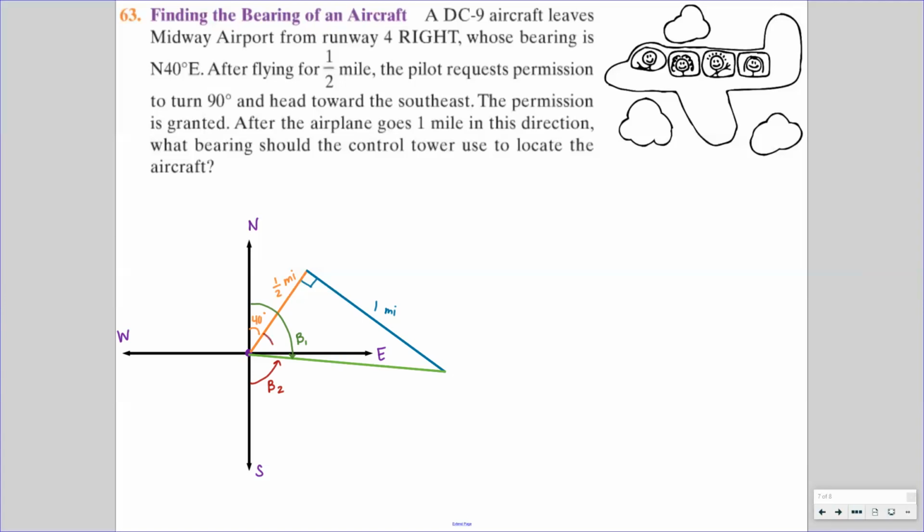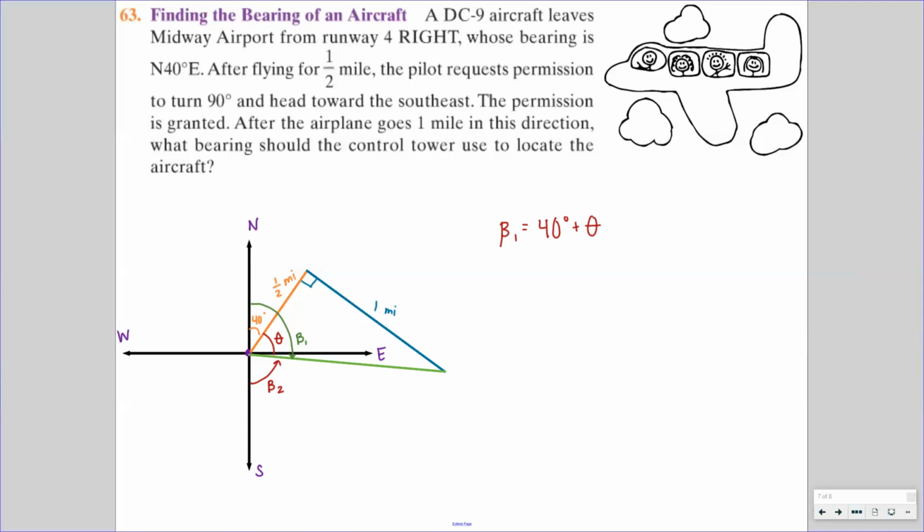Here's the deal. This is my plan. I can find this angle theta, which is the angle inside of our right triangle. And if I find the angle theta, then our bearing in method 1 is just 40 degrees plus that theta. All right, so look at the diagram, think about that.